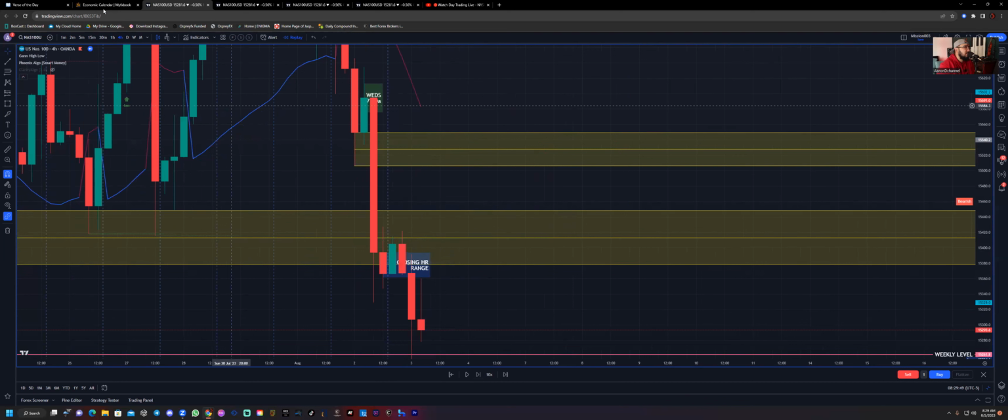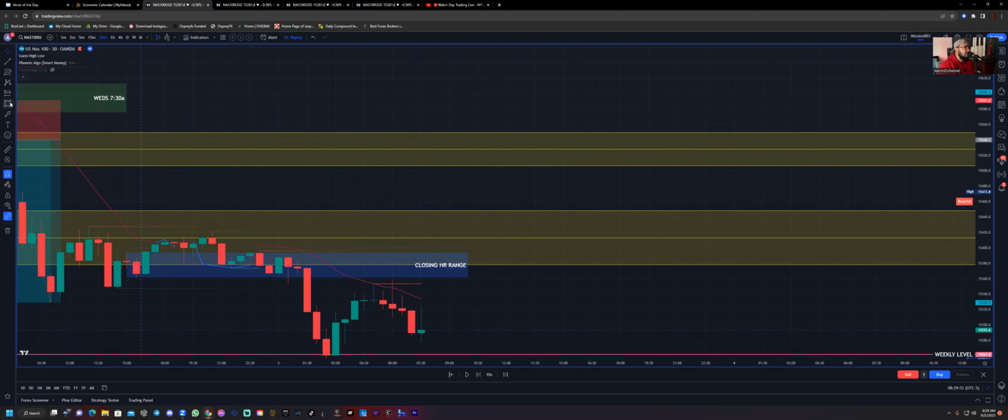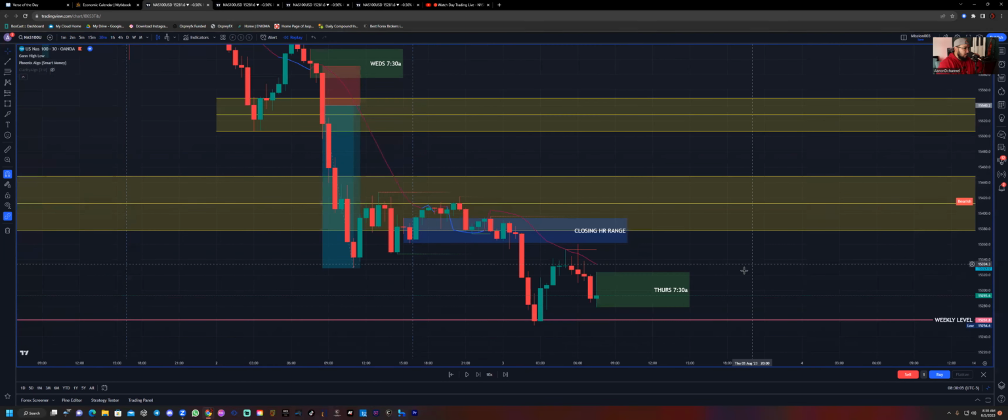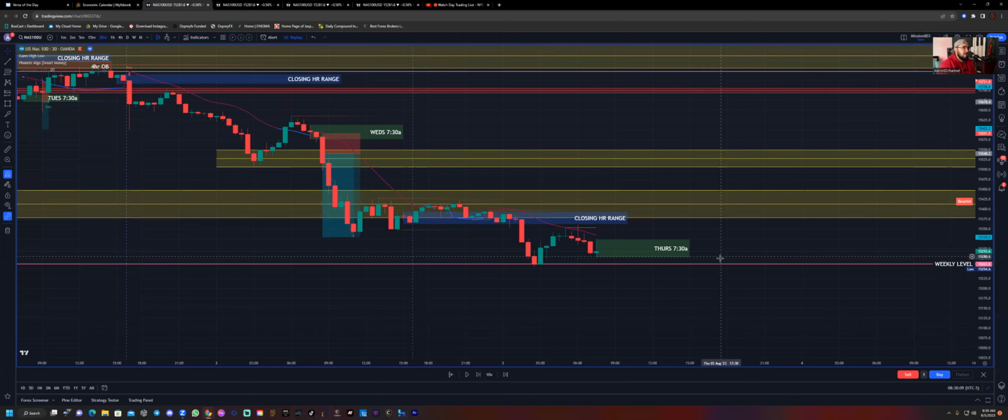So here's 4 a.m. We'll go to 30 minute and we'll mark up this 7:30 candle. And here's Thursday right there. All right. So now we're at a pretty interesting place in the market, this weekly level.